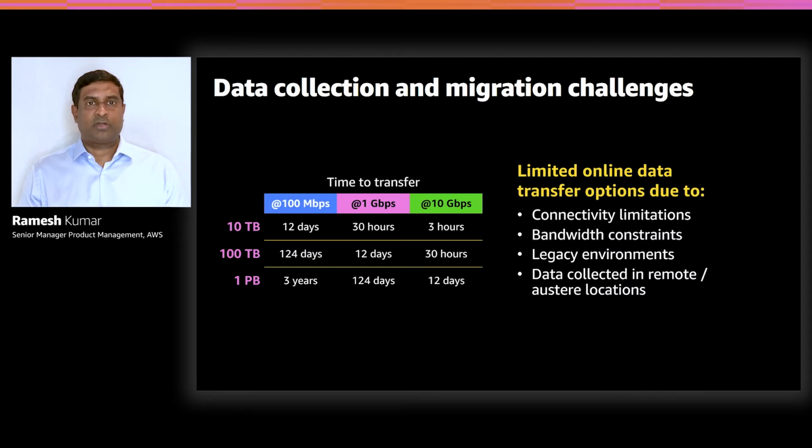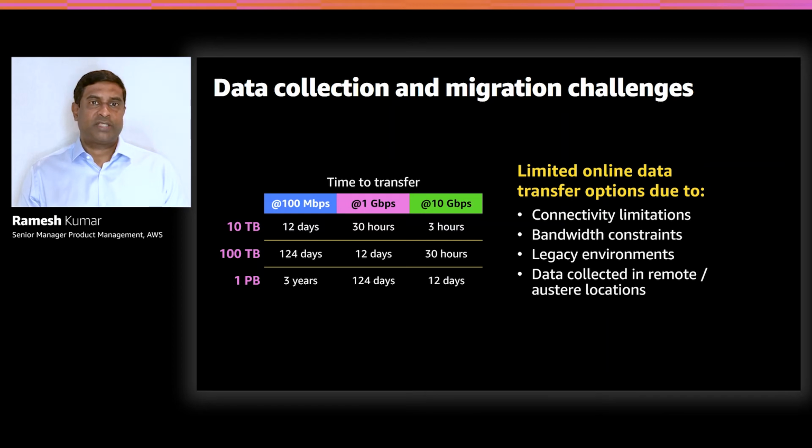In some edge locations, customers may not have the consistent network connectivity that they require for any online data migration to AWS. In some other edge locations, customers may have a consistent high bandwidth network connection, but they may need that network bandwidth for their day-to-day production or operational use, and they may not be able to dedicate that network bandwidth for the data migration.